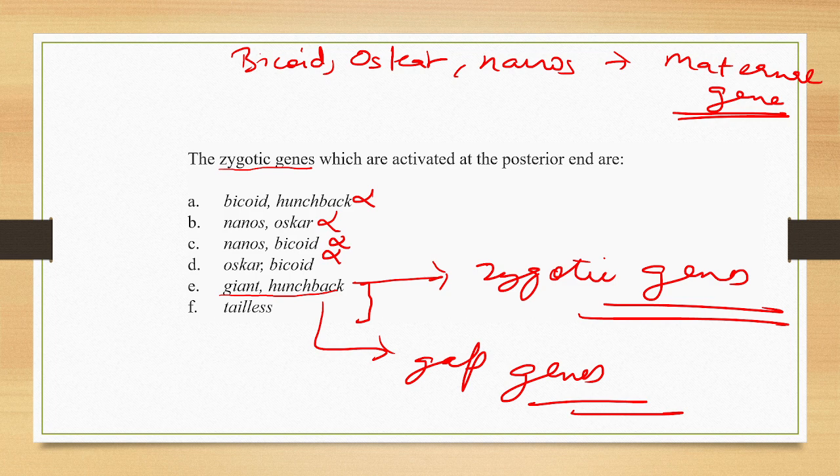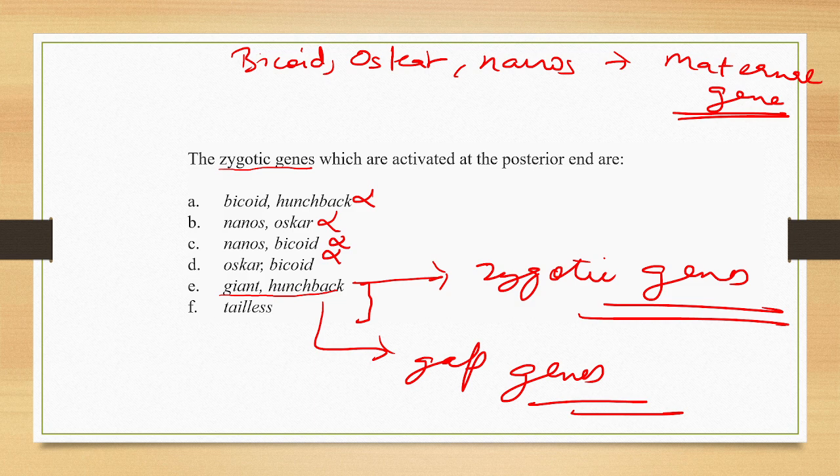And tailless is also a gap gene, and it is mostly responsible for posterior structure formations like the telson. So the tailless gene is responsible for the formation of the tail, or sorry, the telson. If you remember, I told you in the beginning of the lecture that in developmental biology, names are given according to their mutant phenotype.